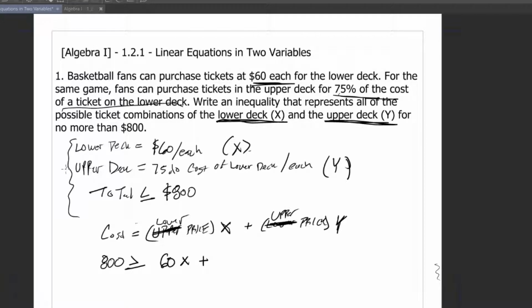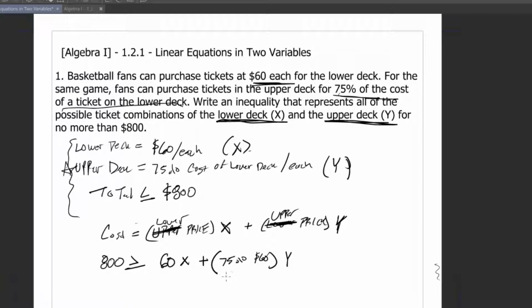And we wrote that down here as well, right? And then so we know that the upper deck price will be 75% of the lower deck price, which is $60, times the amount of upper deck tickets sold. So looking at 75% of 60.